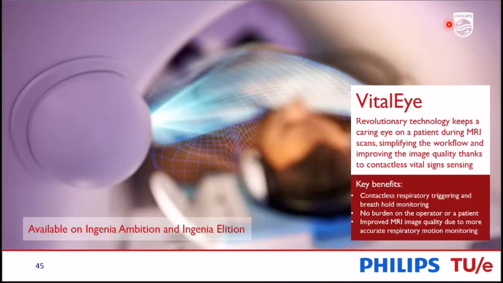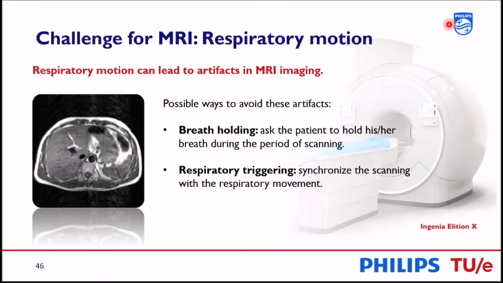The second is the VitalEye product, where we integrate camera-based respiration monitoring on the MR machine to improve the scanning. One of the challenges for MR imaging is respiratory motion, because respiratory motion can lead to motion artifacts in the MRI imaging.